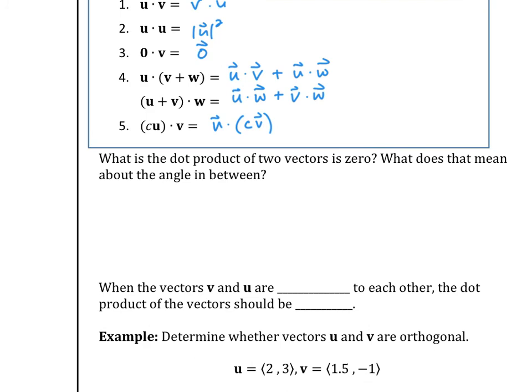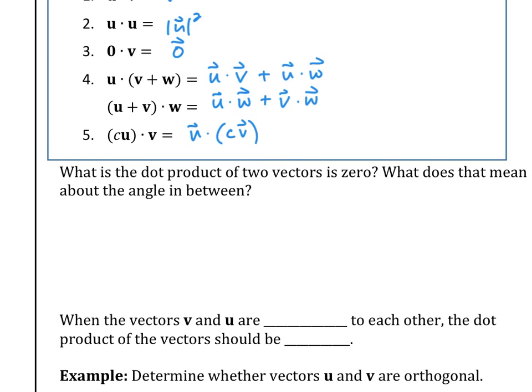Now, what does it mean when the dot product between two vectors is 0? If you get 0, that's equal to this formula, so what does that mean? Well, the only way you're going to get 0 is, you can't have u and v be 0.